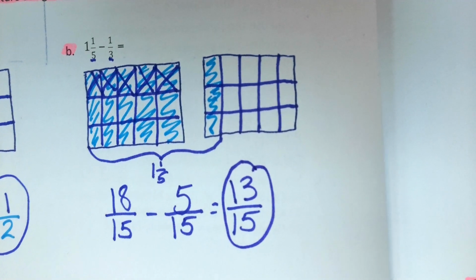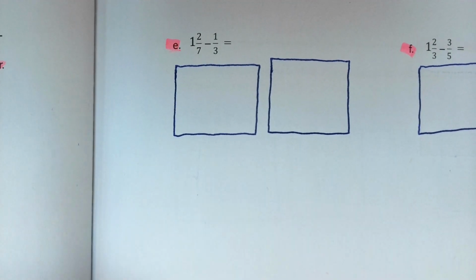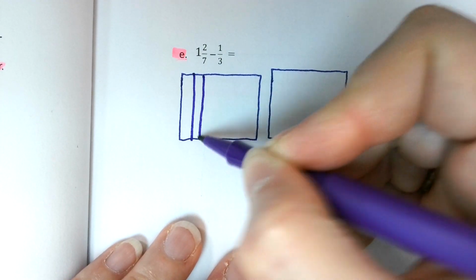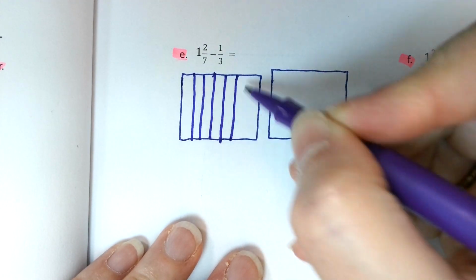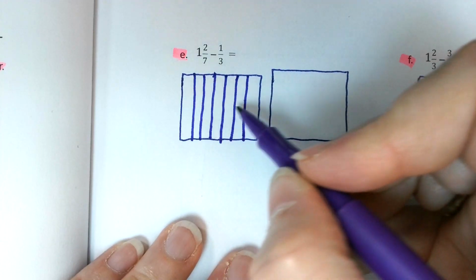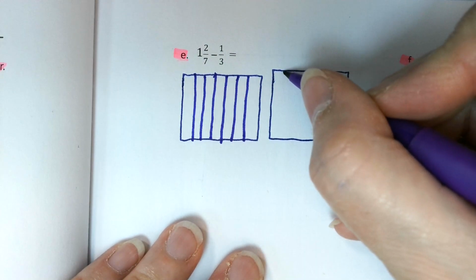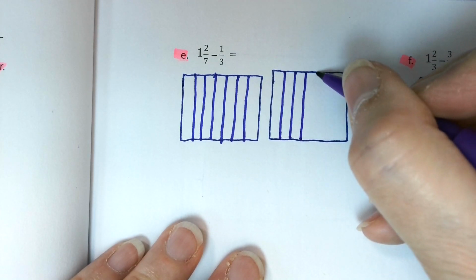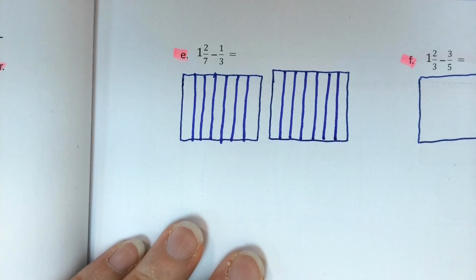I want to do one that's a little bit different than the fifths and thirds. So let's go to the sevenths and thirds. So I'm going to divide 1, 2, 3, 4, 5, 6, 7. Now I have 7 parts. And I need 7 parts.